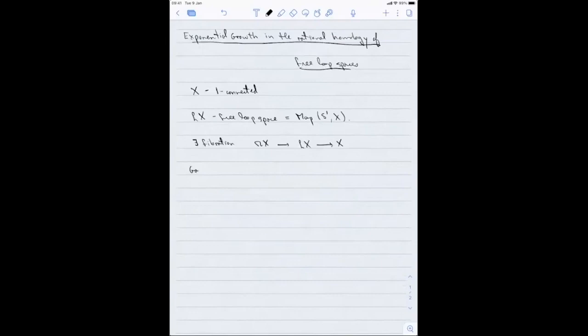And the goal is to study growth in the homology of the free loop space. Think about rational coefficients. So the rational people have thought about this quite a lot.